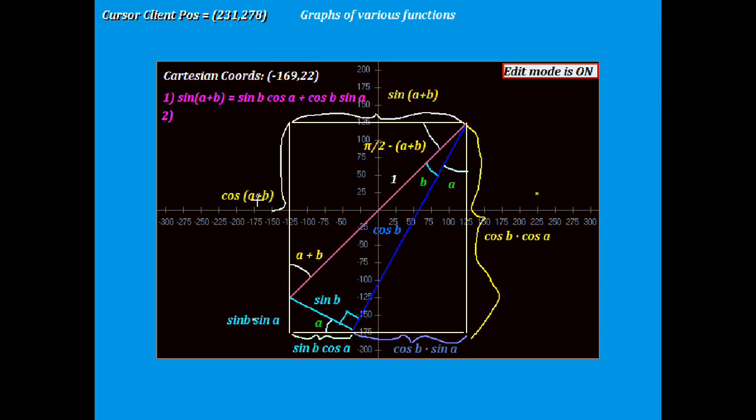So cosine a plus b is cos a cos b minus sine a sine b.